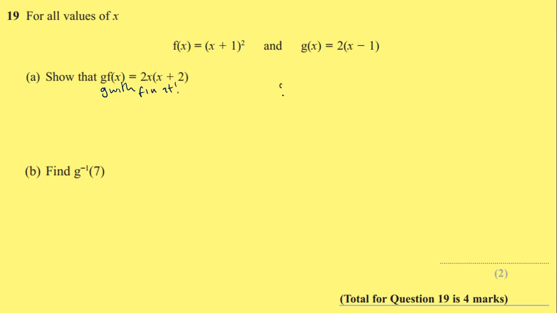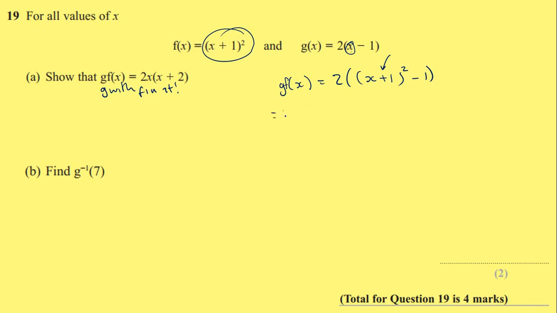So, rewrite g of x as 2 and leave a gap here, because there's our g of x, and we're going to plug in the f into there. g with an f into it. So then we'll get g of f of x, which is going to be x plus 1 squared. We're going to swap this for all of this. That's what happens when you're doing these compound functions, composite functions.